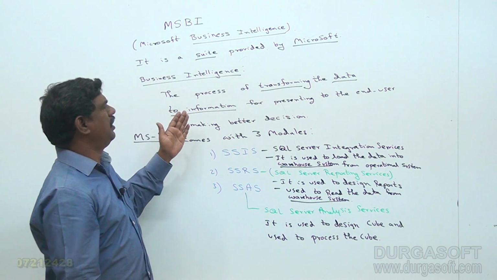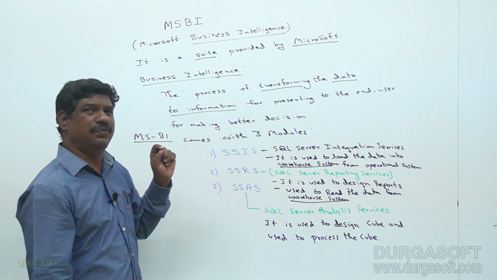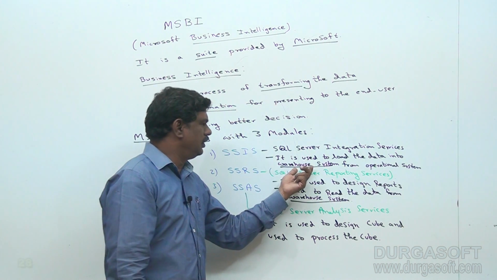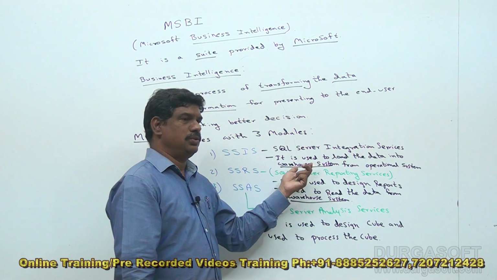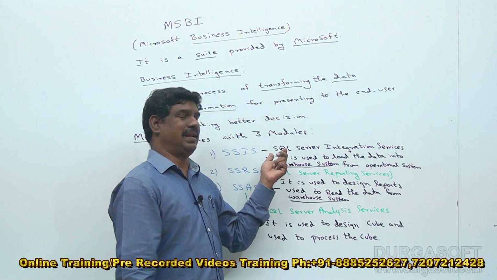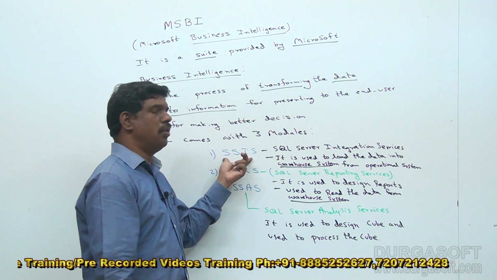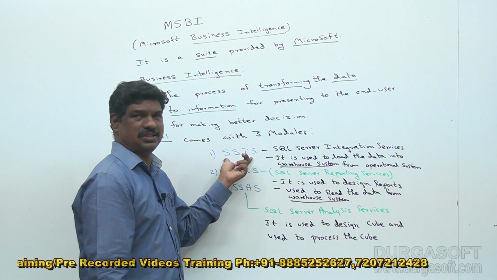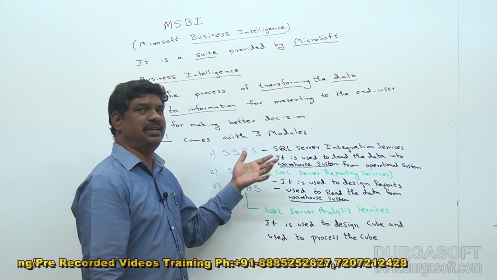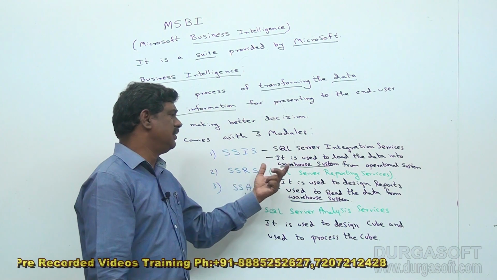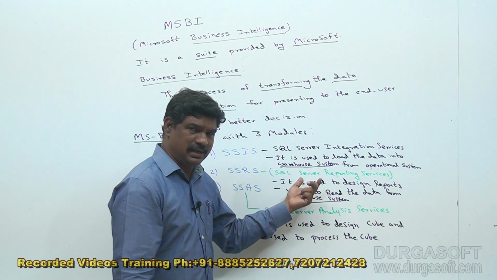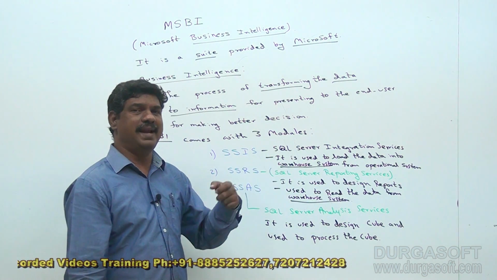Now you are transforming data into information, but where is the information kept? In the warehouse system. So how do you transform it and put it in a warehouse system? With the help of a module called SSIS, SQL Server Integration Services. Once the warehouse system is built, we want to read the data from there.